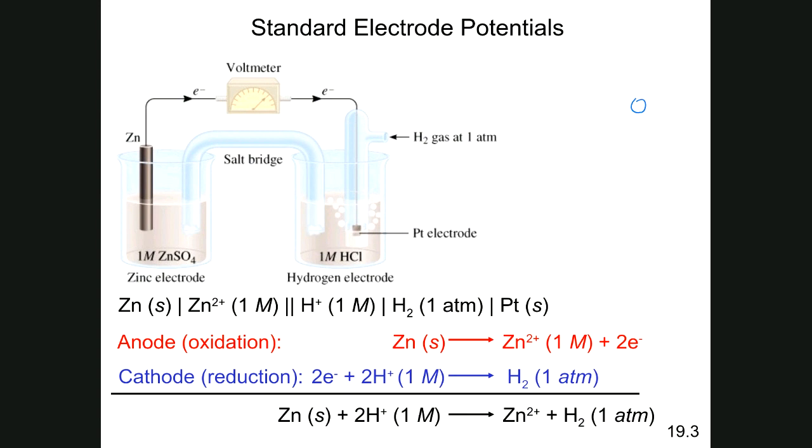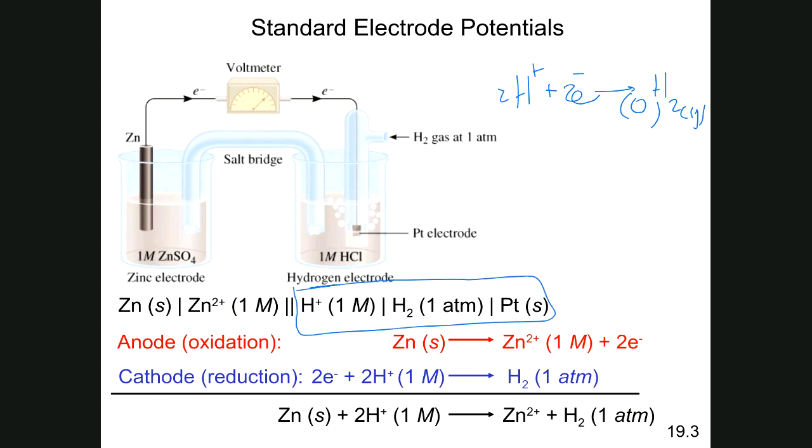Reduction of hydrogen, when H+ is going to gain 2 electrons to change to H2, the reduction potential is considered to be 0, and everything else is going to be compared to reduction of hydrogen.